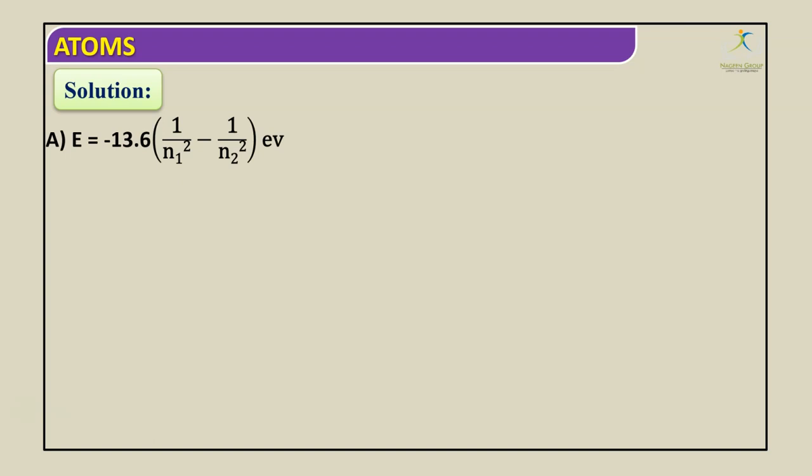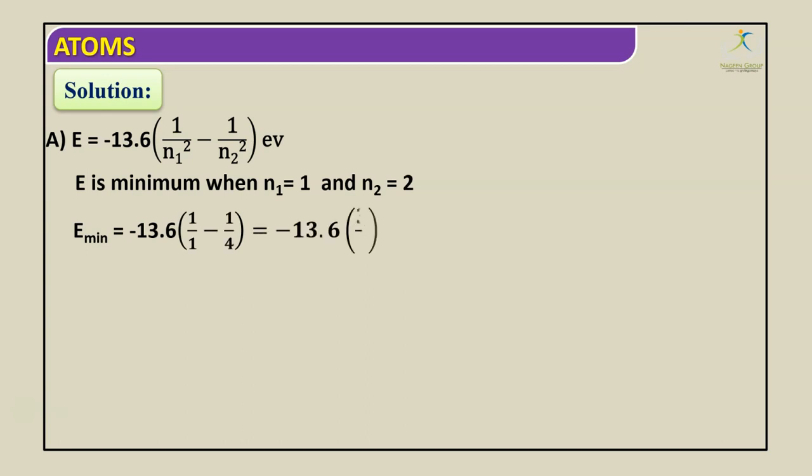E is equal to 13.6 times (1 by n1 square minus 1 by n2 square) electron volt, where E is minimum when n1 equals 1 and n2 equals 2. E minimum is equal to 13.6 times (1 by 1 minus 1 by 4), which is equal to 13.6 times 3 by 4 electron volt. E is maximum when n1 equals 1 and n2 equals infinity.